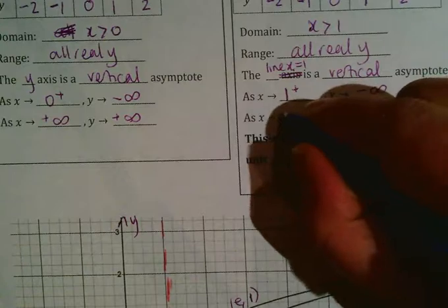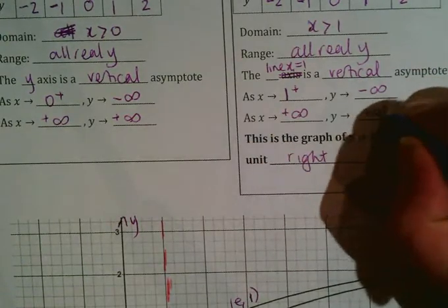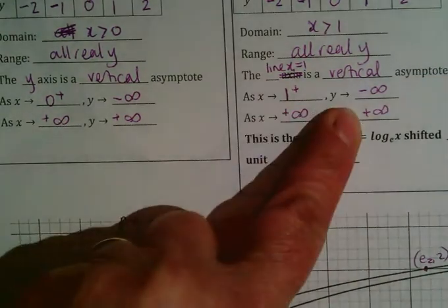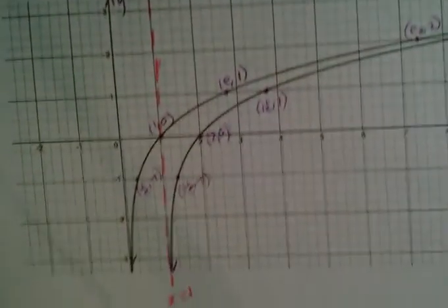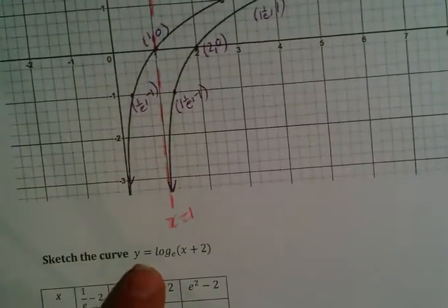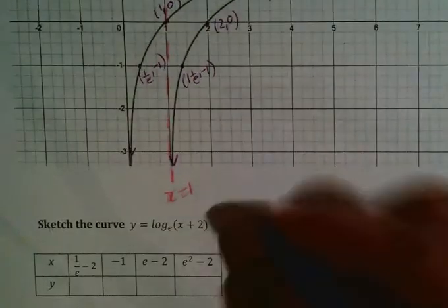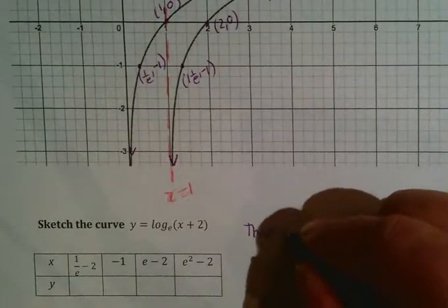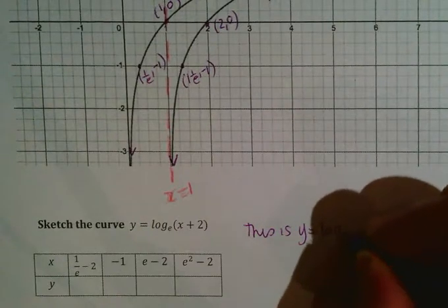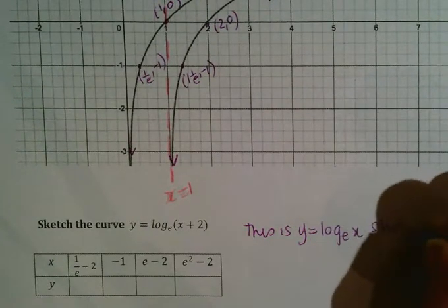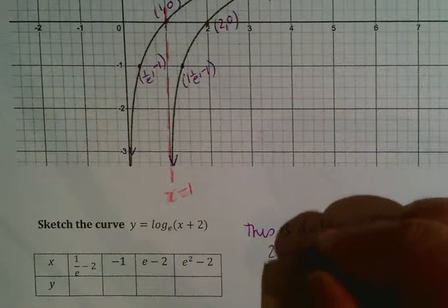And as x approaches positive infinity, y approaches positive infinity. So just be careful with those, okay? And you can also sketch y equals log to the base e of x plus 2. Now this is y equals log to the base e of x shifted 2 units, not to the right, but to the left.